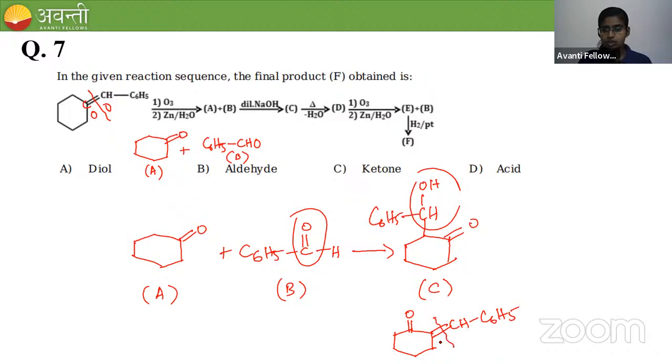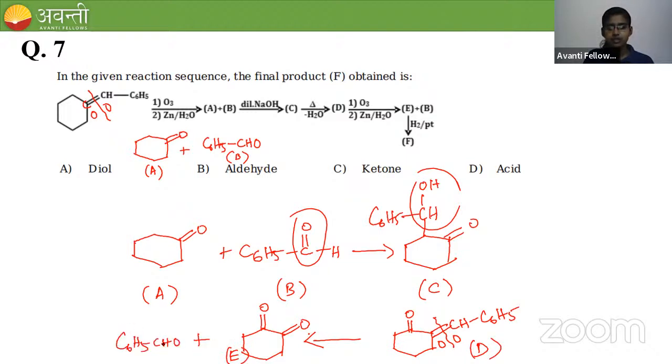Break one of the bonds, add oxygen and another oxygen here to the D compound. So it forms two products. We are getting compound E, and one more we are getting, C6H5CHO, which is the same as compound B. That's why they have given E and B here.